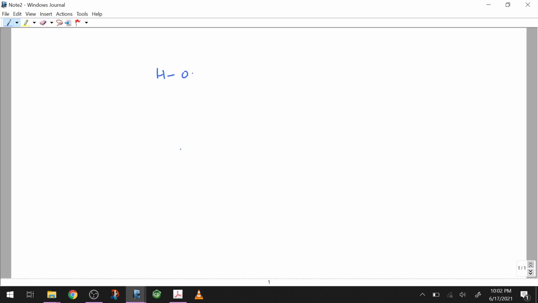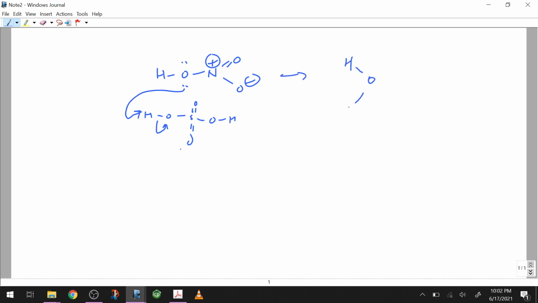We start with nitric acid and sulfuric acid. And what we have is nitric acid acting as a base in the presence of sulfuric acid, because acidity is a relative term. So in this case, sulfuric is much stronger.